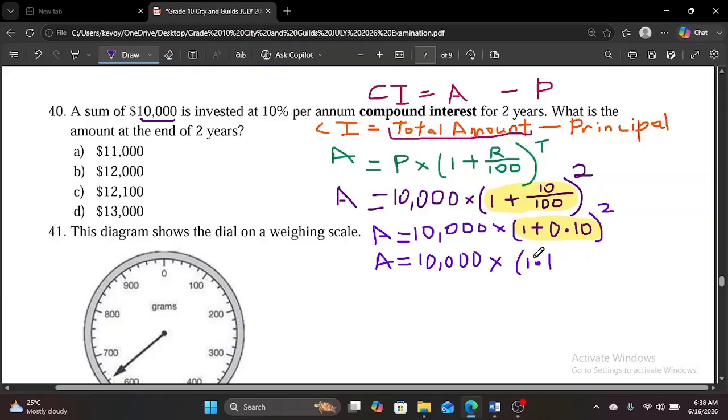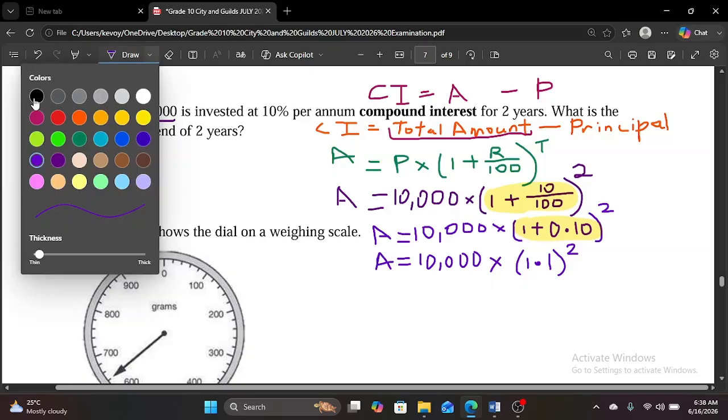If you write 1.1, it's the same thing as 1.10, so I don't have to write 1.10. I could just write 1.1 raised to the second power. That means I would have to square this. For those who don't know, if I'm squaring this number, it means I would have to multiply the number by itself.